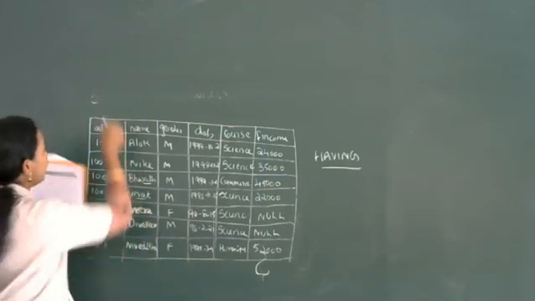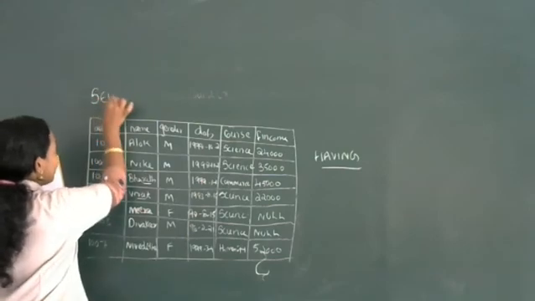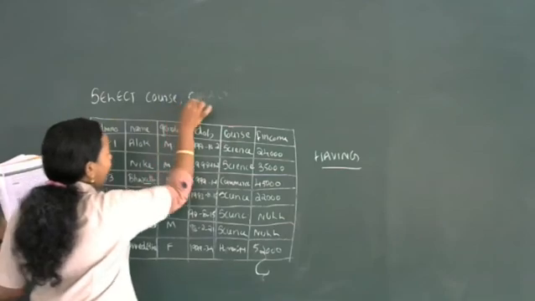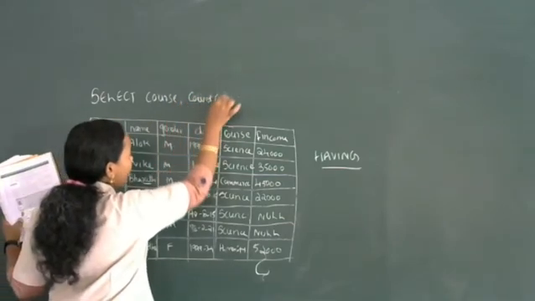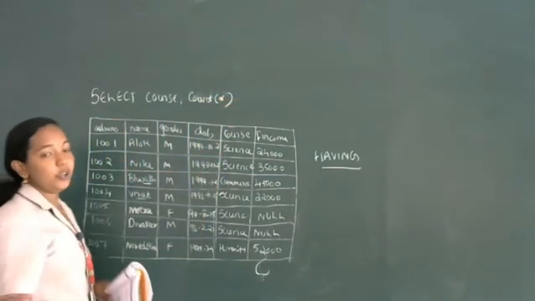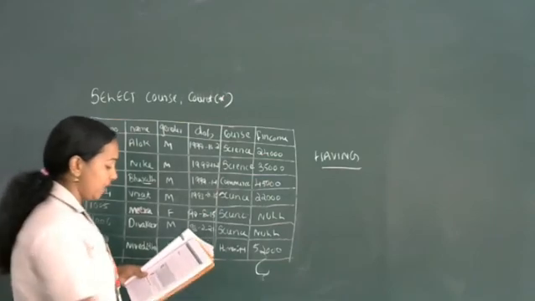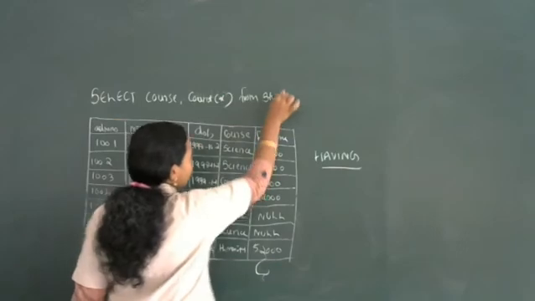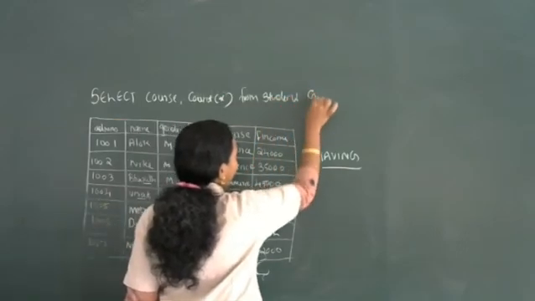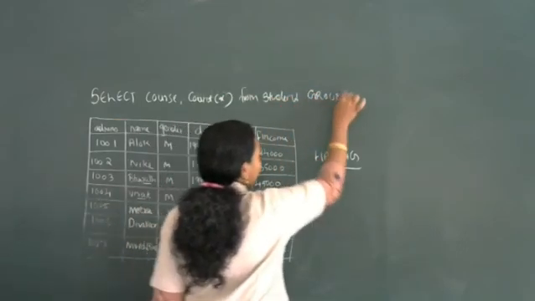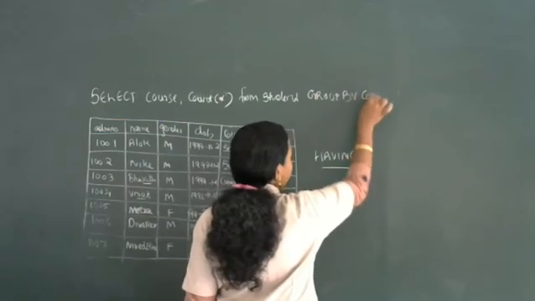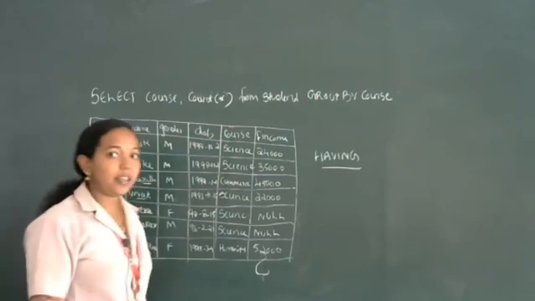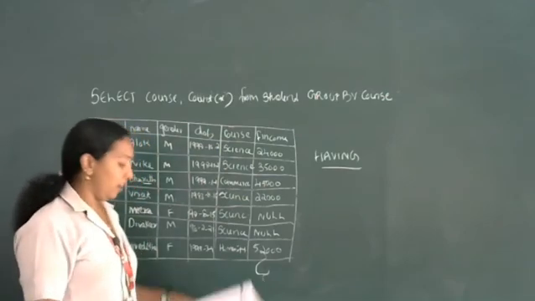So I can write the condition: select course, comma, count star. When you write count star, you will get the number of entries from student, group by course. First we are grouping by course, then only you will get the count star.